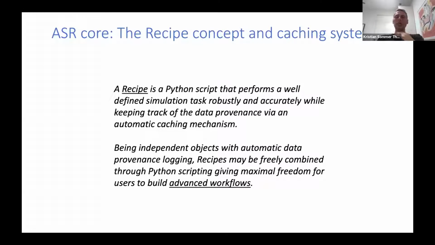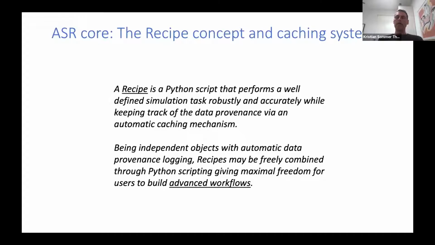And these recipes are independent objects in the sense that they take care of their own data provenance logging. And that means that you can work with them as individual objects. You can combine them through Python scripting or through the command line interface.